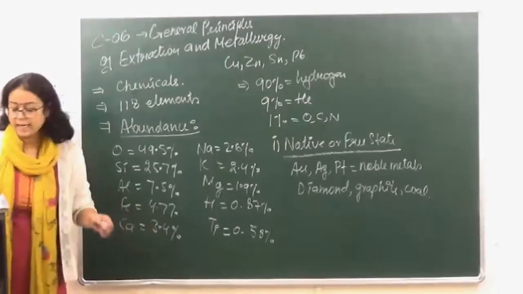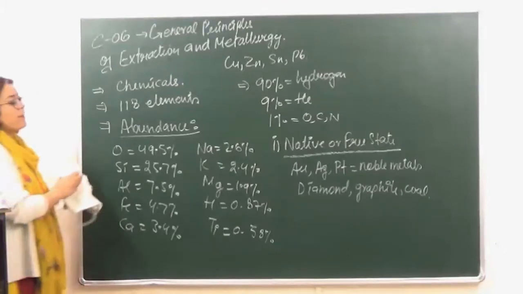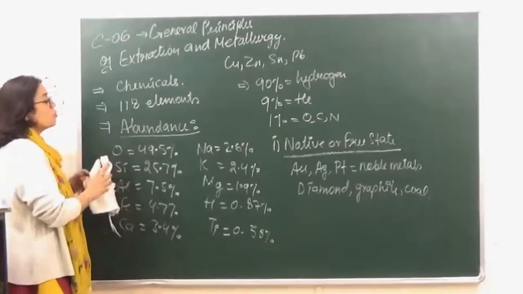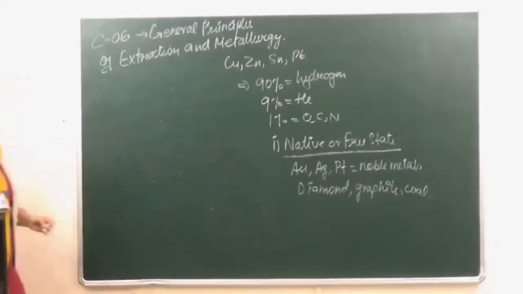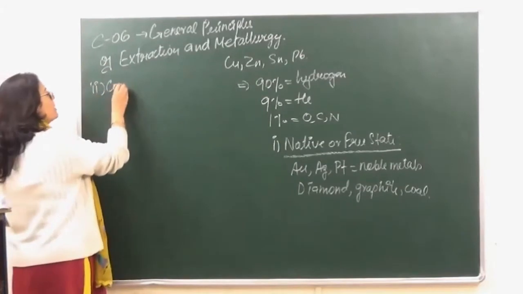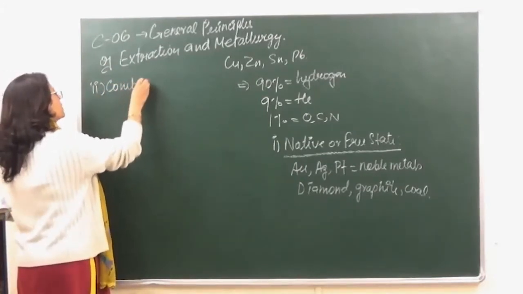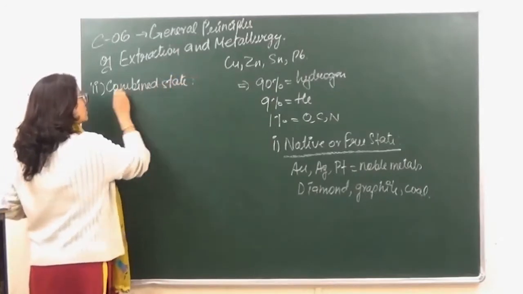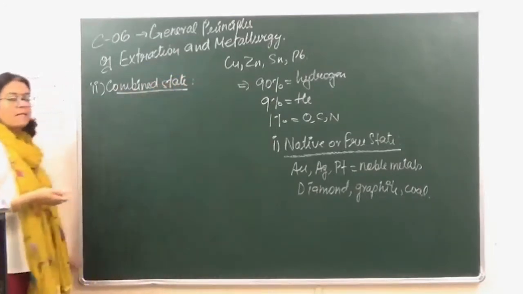Okay, then next, what do we get? We get the second type of state, or second type of elements, which are present in a fixed ratio with others, which is known as the combined state, right? So the second elements can also be present in the combined state.